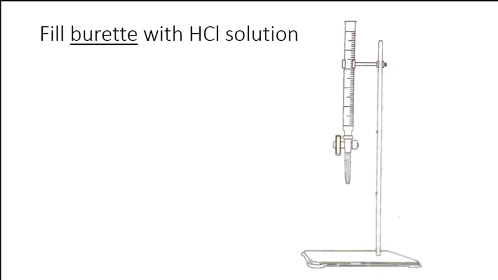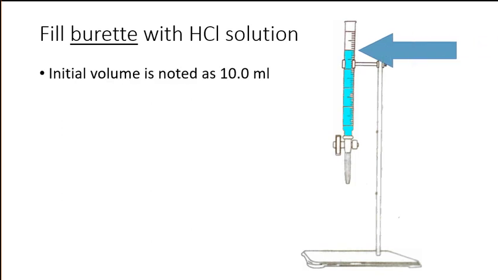Then what you'll do is you'll fill the burette with the hydrochloric acid solution of unknown concentration. Now the initial volume is noted, and in this example, it's 10.0 ml.